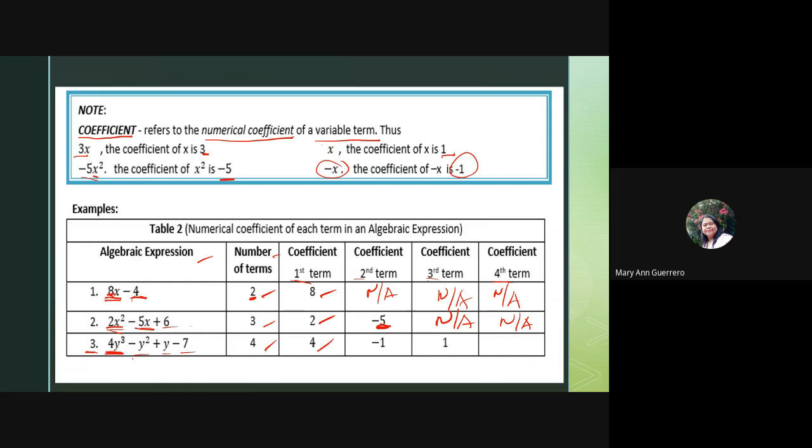Negative y squared, second term, negative 1. y, the third term is 1, and dahil wala na itong variable, we cannot determine the coefficient of the fourth term since it is not a variable term. I hope that is clear.